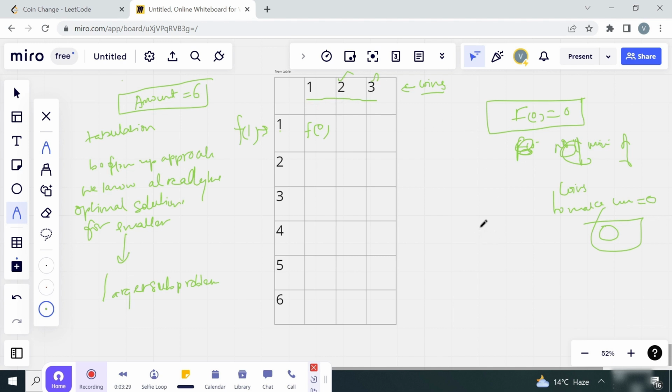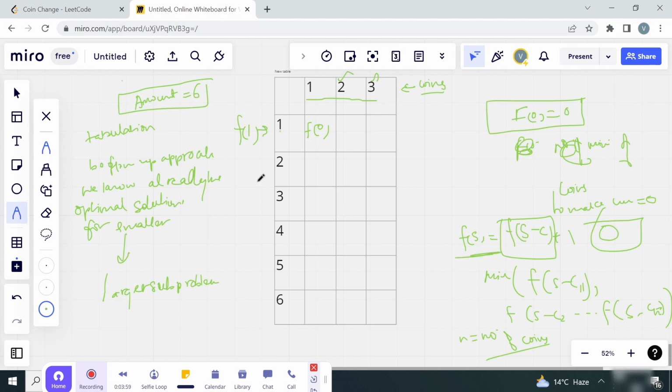As we talked about, f of s is equal to f of s minus c plus 1, and f of s minus c is minimum of f of s minus c1, f of s minus c2, up to f of s minus cn, where n equal to number of coins.